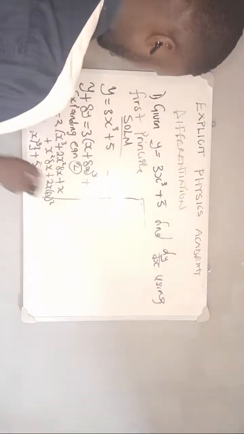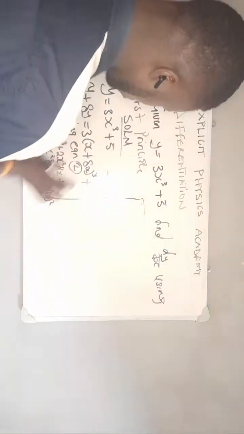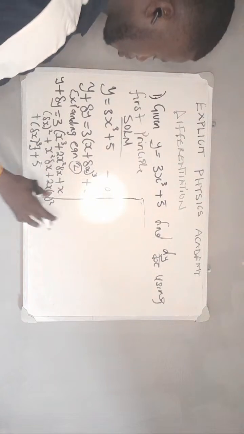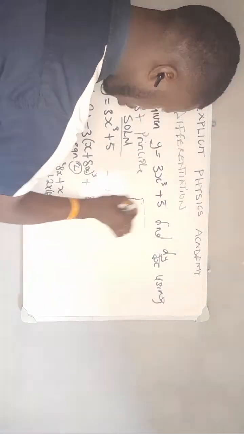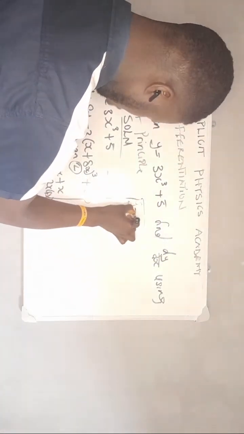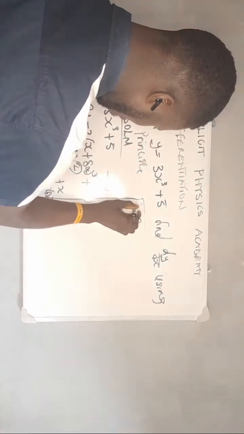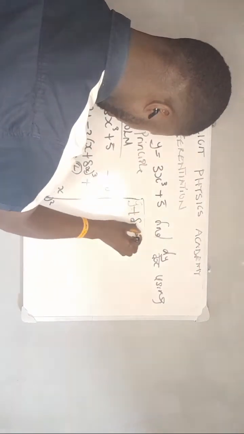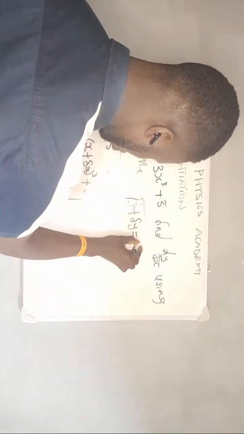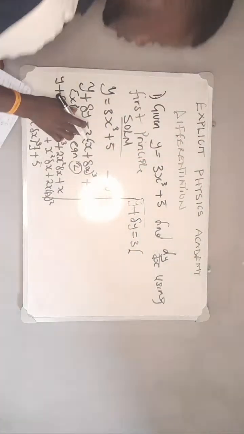So having expanded it, we are going to do some mathematical combination, adding and subtracting the necessary things here. So we are going to have y plus del y, the change in y, equal to 3, which is this one outside here.